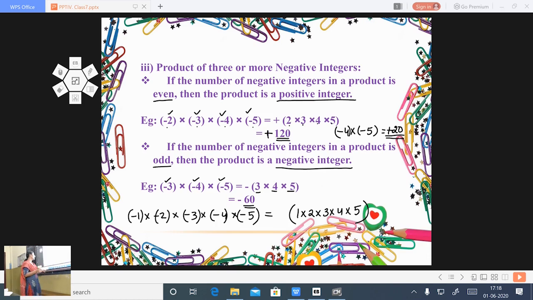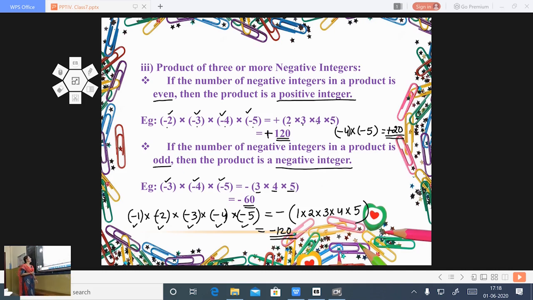Then count how many negative integers are there. So here 1, 2, 3, 4, 5. We know that 5 is an odd number. So the product will be negative. So put here a negative sign. So the answer is 1 into 2, 2, 2 into 3, 6, 6 into 4, 24, 24 into 5, 120. So the answer is minus 120.